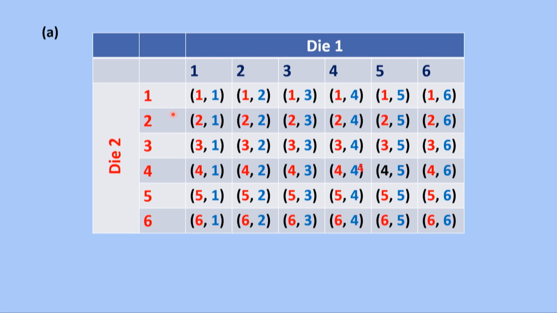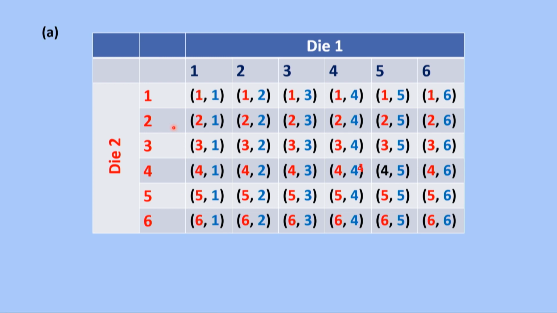Similarly, you will have for die 2, you can get 2, die 1, you can get 1. So you will have 2, 1, then 2, 2, 2, 3, and so on. In the same way, you can have 3, 1, 3, 2, and so on. Similarly, we can fill in the table here and you have your possibility diagram.